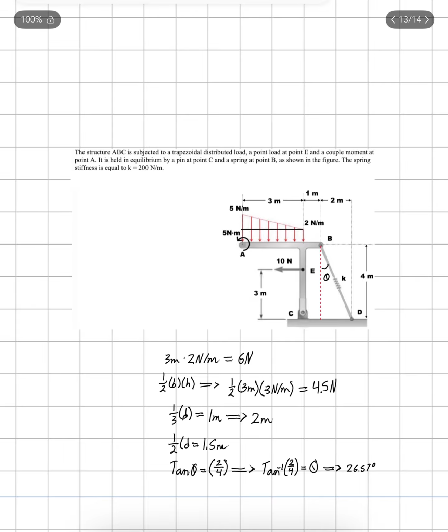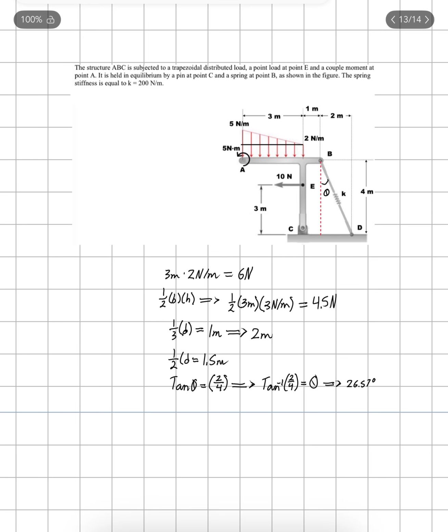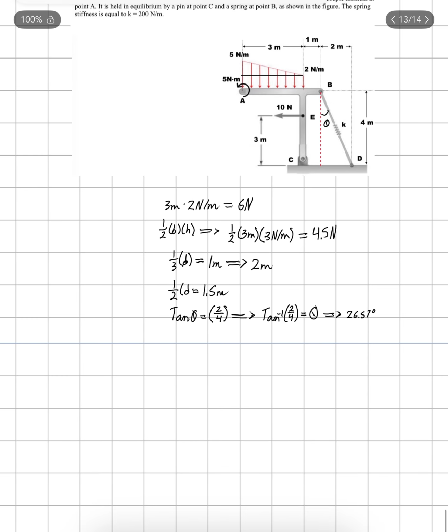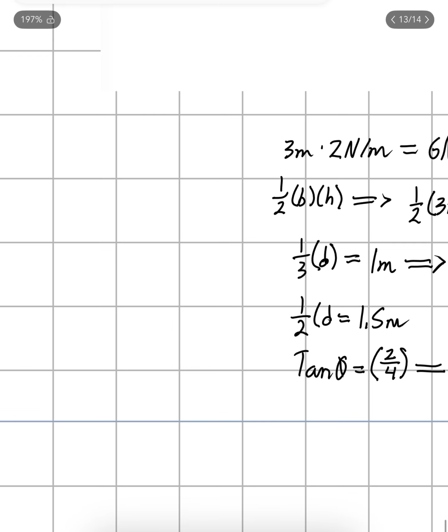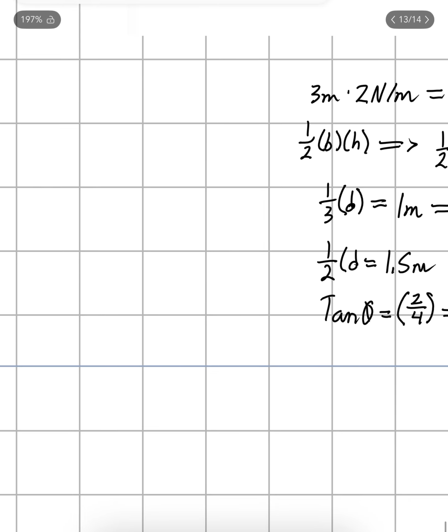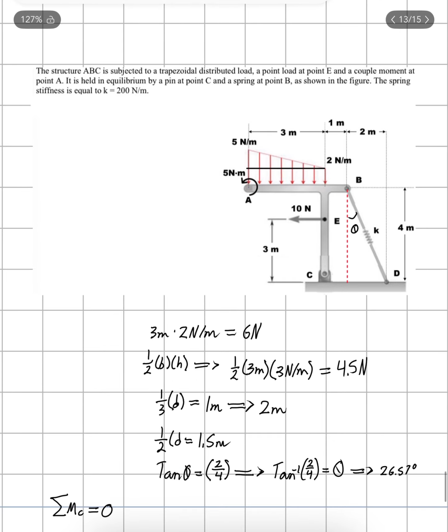Now that we have these basic variables, we can plug everything into a moment equation about C. So we understand that the moment about C should equal 0, since this is a static structure.